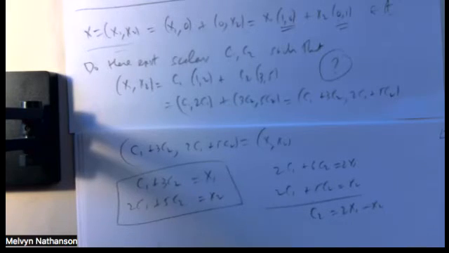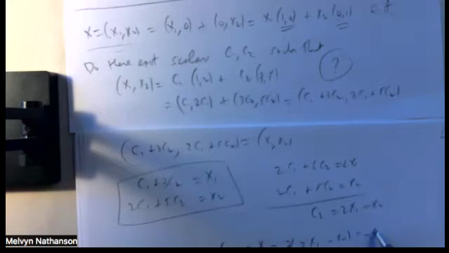And then from the first equation, c1 is x1 minus 3c2. So that's x1 minus 3 times (2x1 minus x2). So you have x1 minus 6x1, that's minus 5x1, plus 3x2.